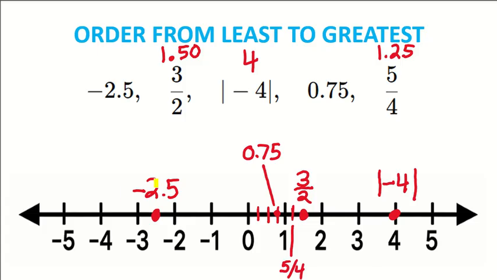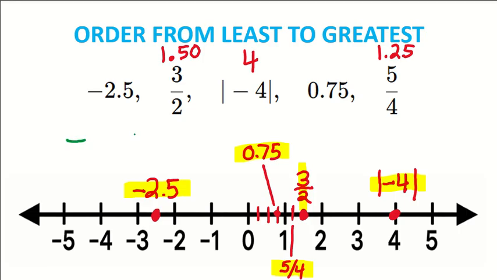You can see that negative 2.5 is going to be the least value, and then it'll be 0.75, and then it'll be 5/4, and then it'll be 3/2, and it'll be absolute value of negative 4. Those are our values. Now, we probably should write them in a different color just so our teacher can keep track of it.